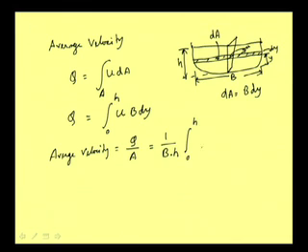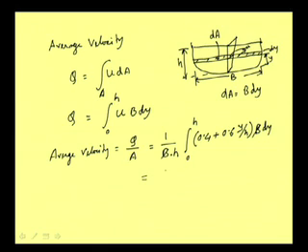Then u, we can replace with the expression already given to us, that is 0.4 plus 0.6 y by h, and B dy. Of course, B being constant, we can cancel this B and this B.